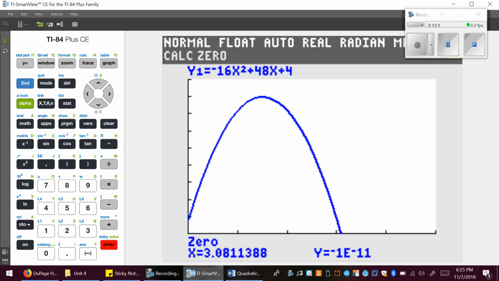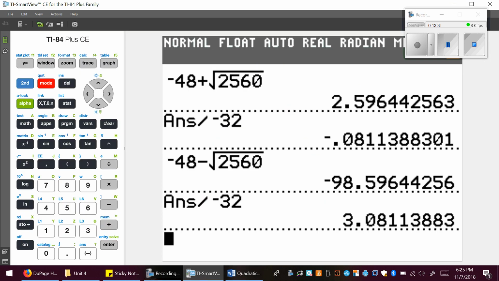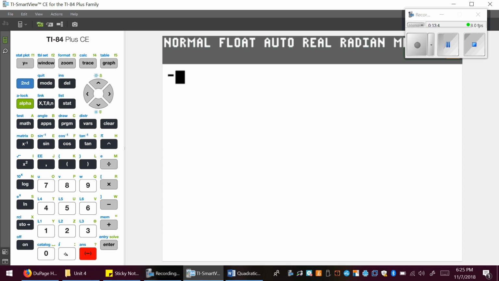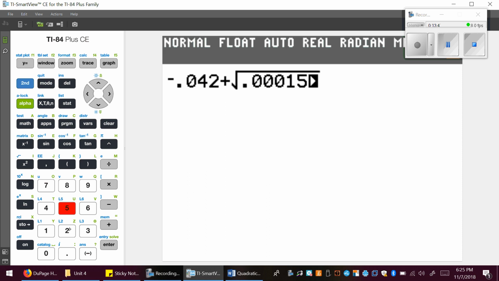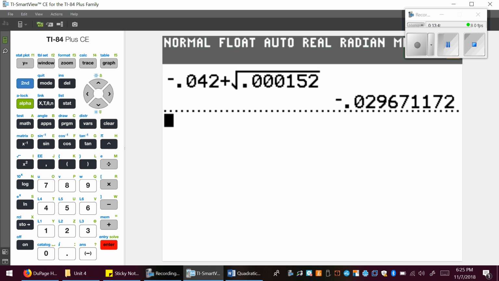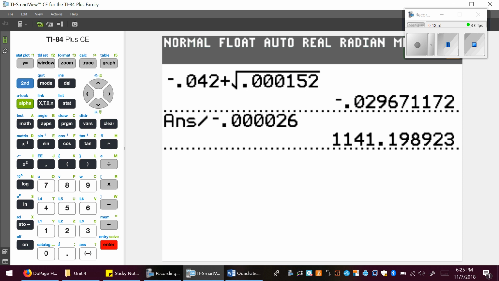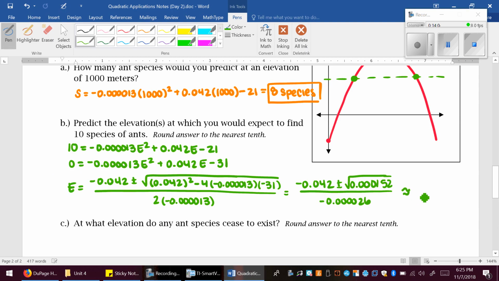So if I go to my calculator and I type in negative 0.042 plus the square root of 0.000152, hit enter and divide it by negative 0.000026, I get 1,141.19, so about 1,141.2 as an approximate answer.